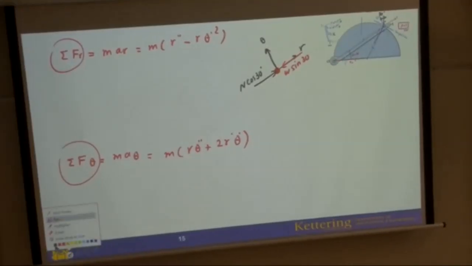These are two forces along the R. Along the theta, it's a particle. This is R. This is theta. We have N sine 30, we have the force of the P, and W cosine 30.